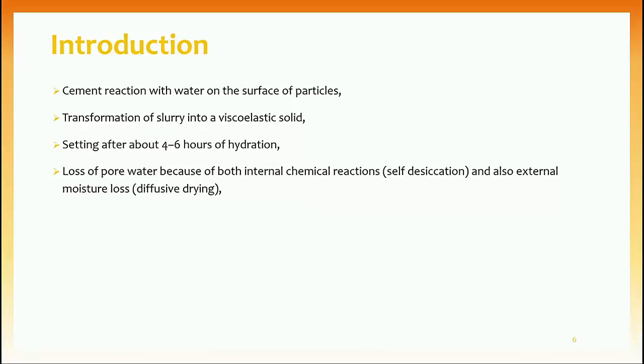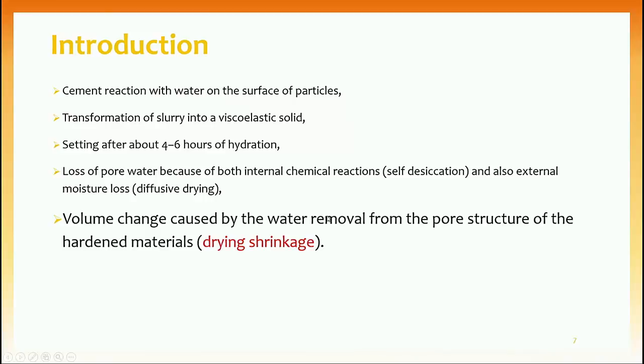And because of the internal chemical reaction and because of the external moisture loss, we will have some water removal from the system. The volume change that is caused by the water removal from the system and the pores is usually called drying shrinkage.